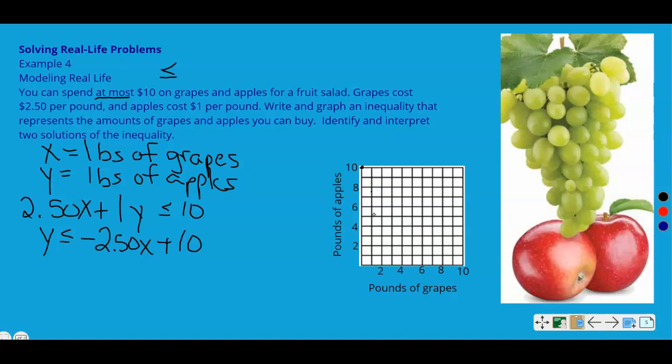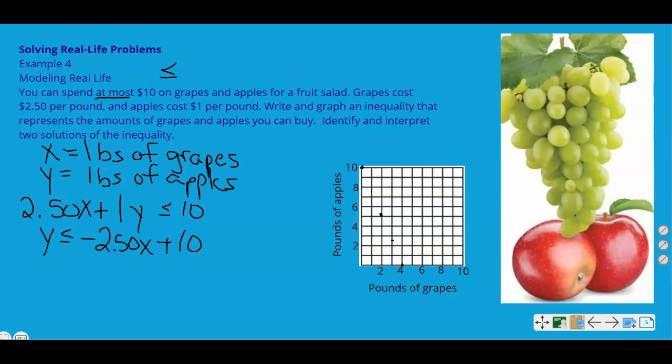Down 2.5 over 1. And you can continue to do that until you get to the x-axis, which would be at 4, 0.